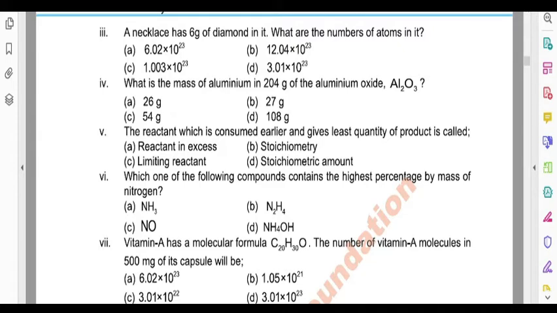Question number 6. Which one of the following compounds contains the highest percentage by mass of nitrogen? So we have already done the calculations for determining the percentage composition of molecules. So we have ammonia, N2H4, NO, and ammonium hydroxide, and we have to calculate which one of these has the highest percentage of nitrogen by mass.